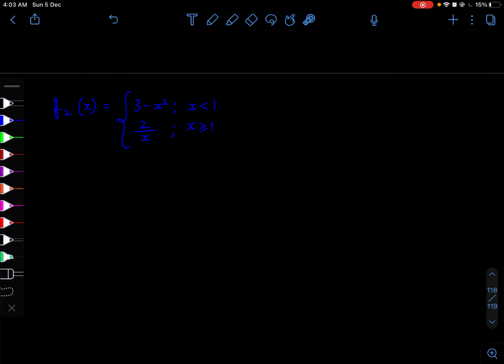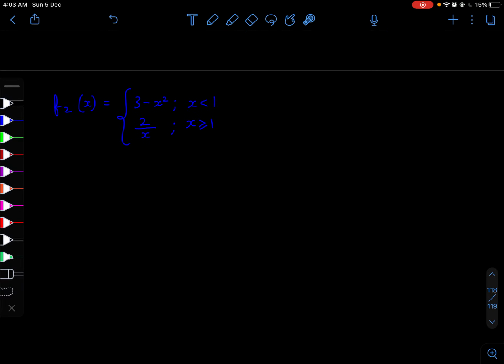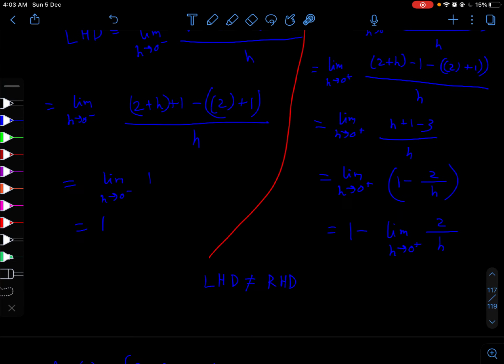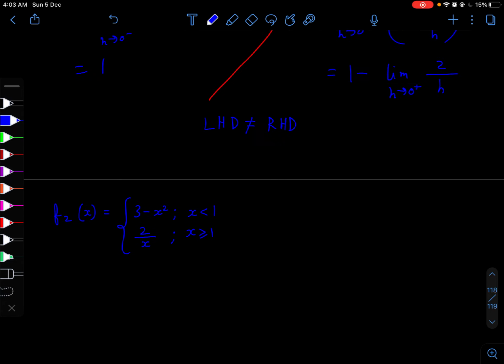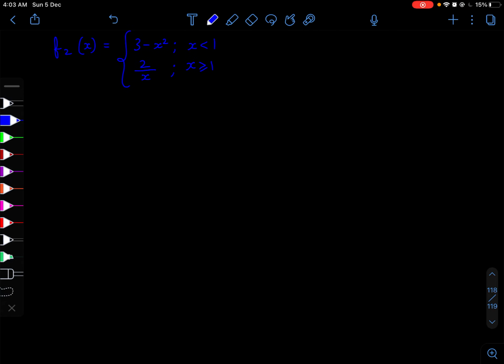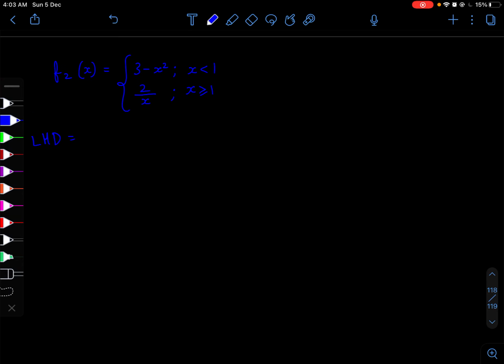So in this example we have f2 of x equals 3 minus x squared when x is less than 1, and it's equal to 2 divided by x when x is greater than or equal to 1. So if we use the limits method, we can first calculate the left hand derivative.